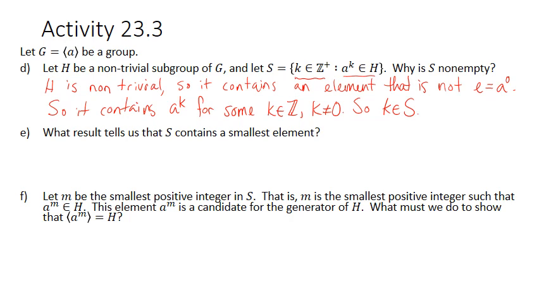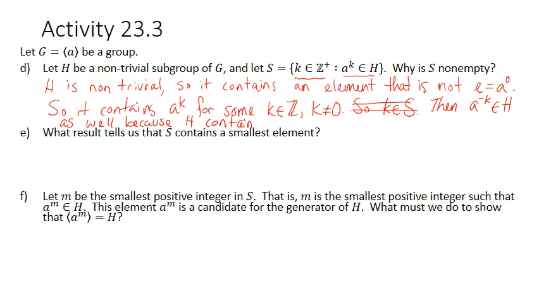But wait a minute, how do I know that k would necessarily be positive? So I think I need a little bit stronger argument here, since S is only supposed to contain positive integers. Let's see. Then a to the negative k is in H as well, because H contains inverses.